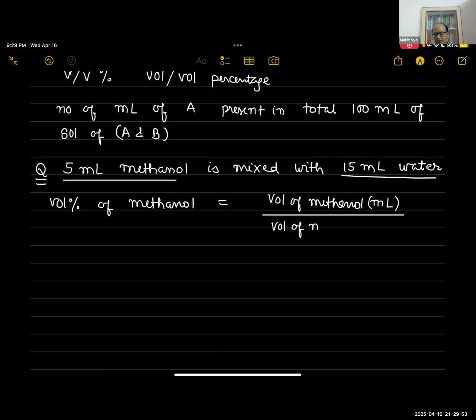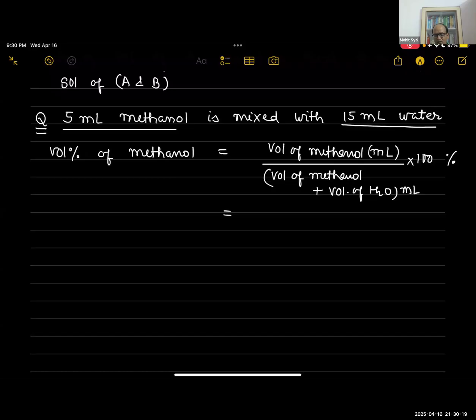Volume of methanol divided by volume of methanol plus volume of water, in ml. This will be 20 ml, but you want to find it in 100 ml, so multiply by 100, and that will be the percentage. Got it? So how can we get the answer? 5 divided by 5 plus 15, into 100 percent, and 5 by 20.